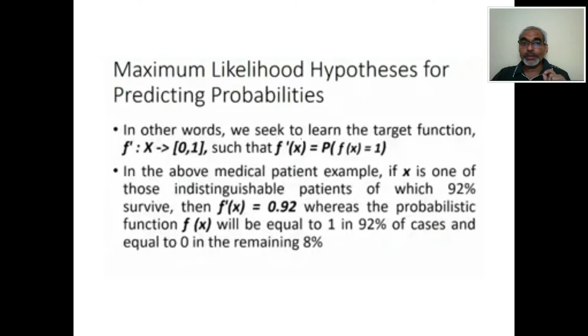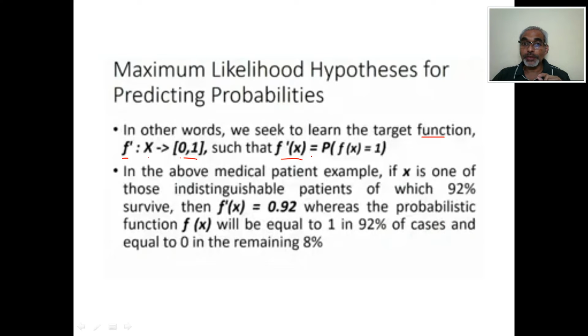In other words, to learn the target function, you want to learn a target function f dash such that x maps to 0 comma 1, right? Two discrete outputs. So what is the percentage he is going to survive, whether that particular new patient goes into that classification or is not going to survive. What is this target function f dash of x?